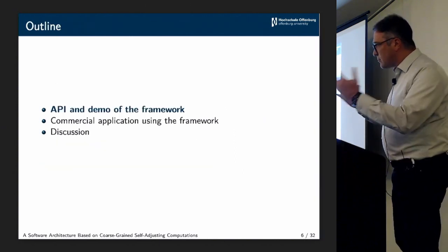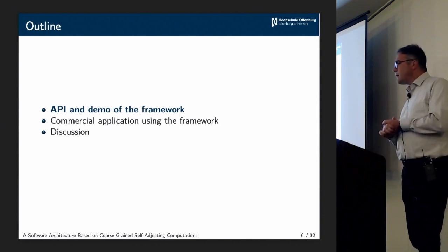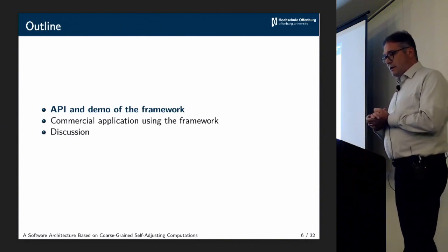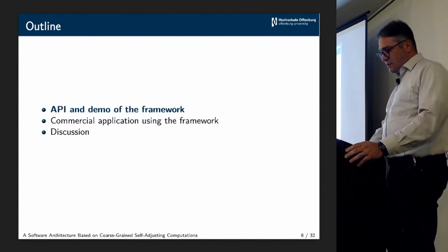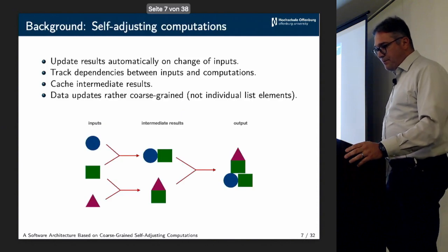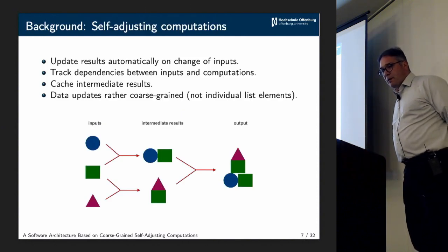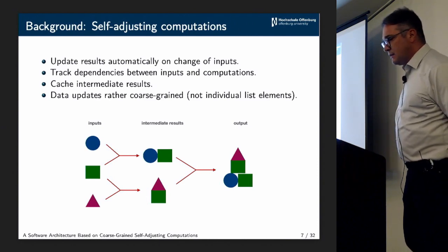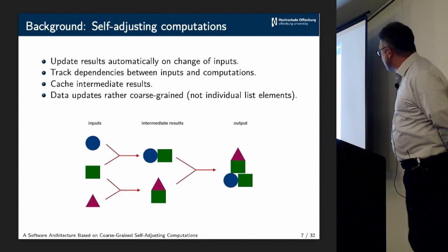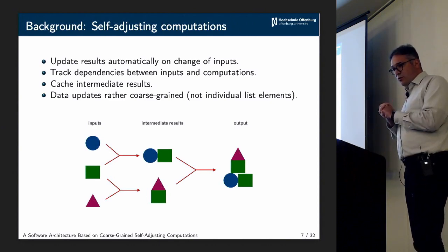There are basically three parts of the talk. First I will show you the API and the demo of the framework, then we'll come to the commercial application that's using this framework, and then there is a discussion at the end. Maybe some background information, because the title contains the term self-adjusting computations, and maybe not everyone knows what this means.